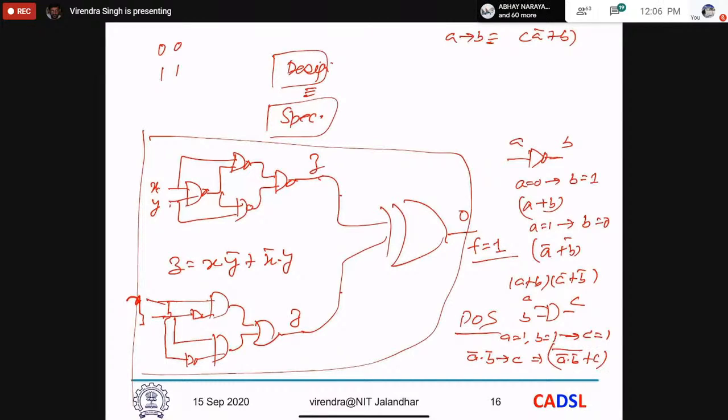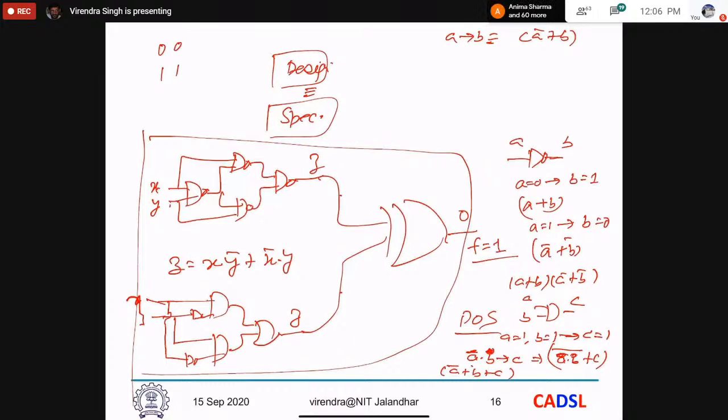Oh, sorry, A and B, not A bar. Sorry, this is A, not bar. So this will give you A bar plus B bar plus C as one clause.